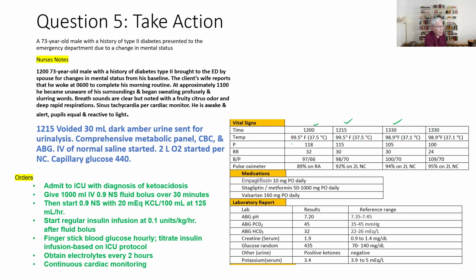How about the pulse? Better, worse, or the same? It's doing better. Respirations? It went down. Better, right? Blood pressure? Improved. So is it better or worse? It is better. And pulse oximetry? Oxygenating better.